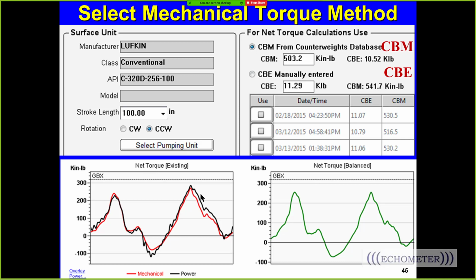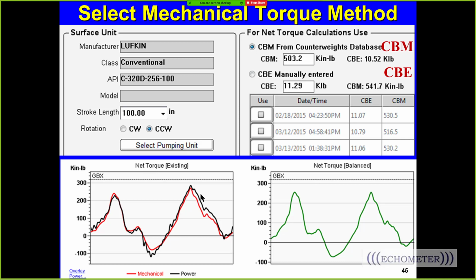Juan's asking, the units that are not in the system library, can they be entered, like dimensions and weight? Yes, you can. Well, hold on. You can currently type in the API dimensions and structural imbalance from a manufacturer's catalog, but to put in the pumping unit crank weight and the counterbalance is hard and difficult, and we need the information from the manufacturer to type that.